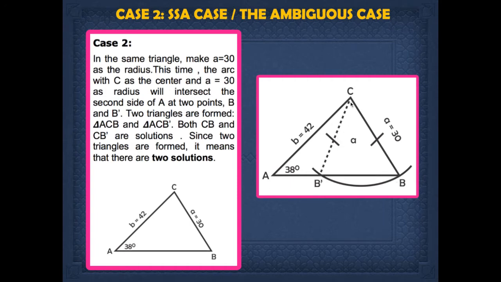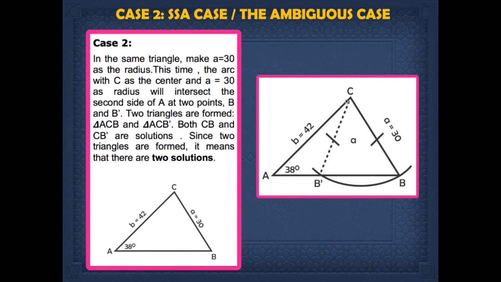Now, as we can see, two triangles are formed. What are those two triangles? We have triangle ACB, this bigger triangle, and this other triangle ACB prime. Now both CB and CB prime here are solutions, because they both formed a triangle.